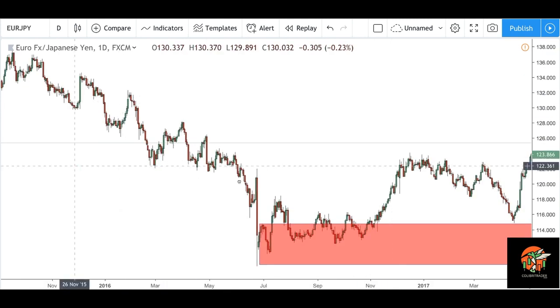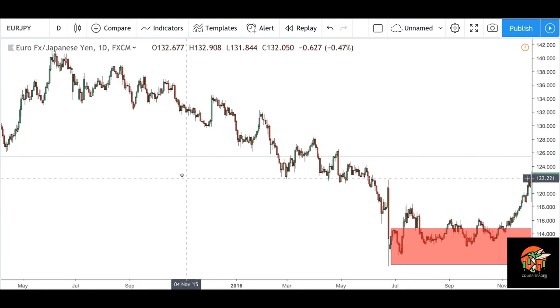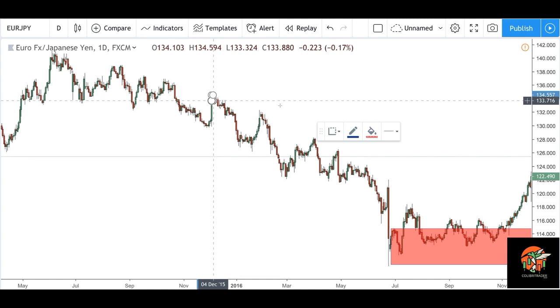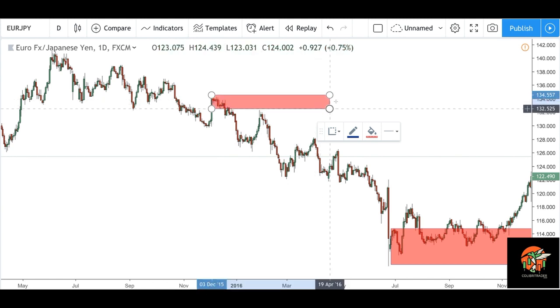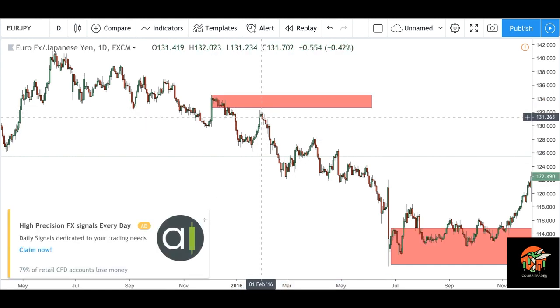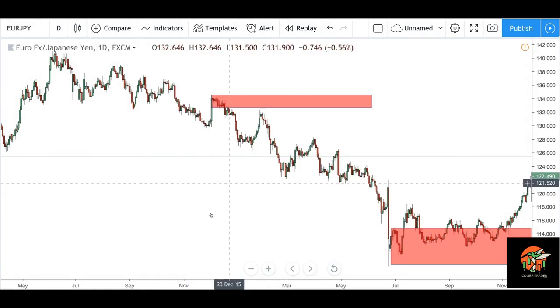So if we keep on going back in time, guys, let's see, we have a few other places with very similar scenarios. Here you have a very big green candle, and then you have this supply area, which was barely reached here by this green candle, and then there was a bearish engulfing pattern which pushed the price lower.